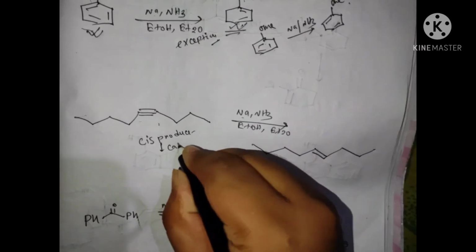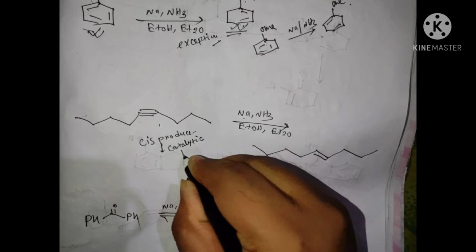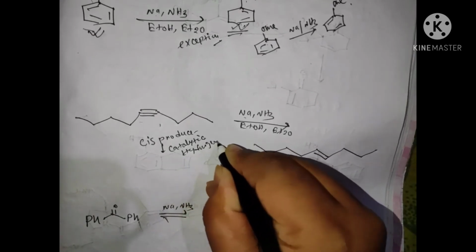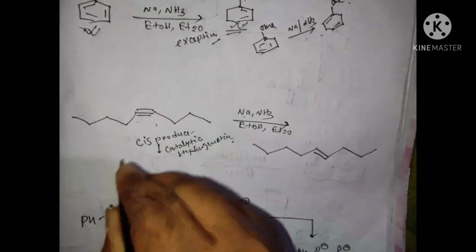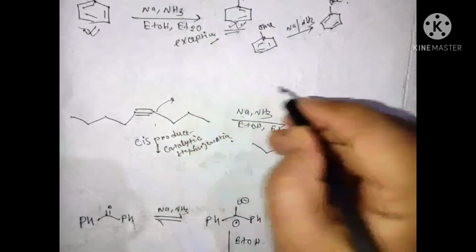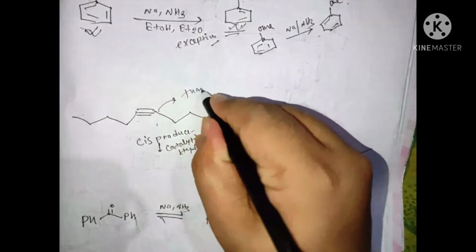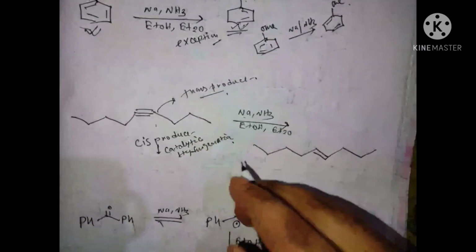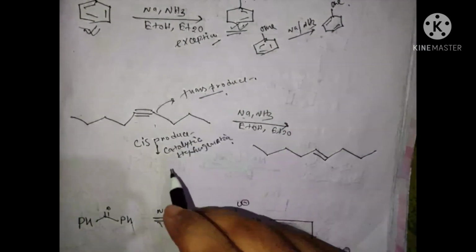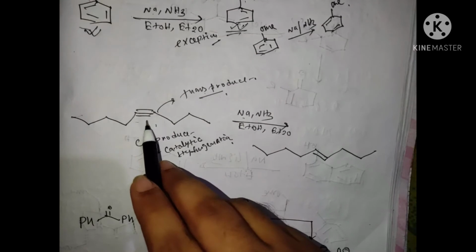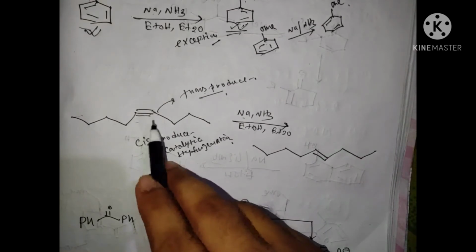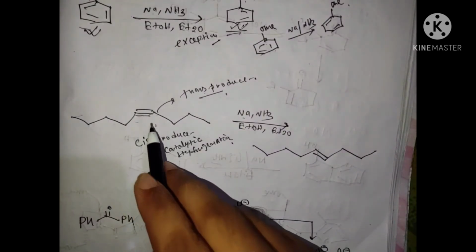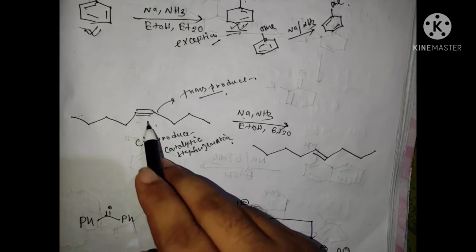But in Birch reduction, we always get the trans product. This is the thing you should remember: in Birch reduction we get the trans product when we reduce the alkyne.